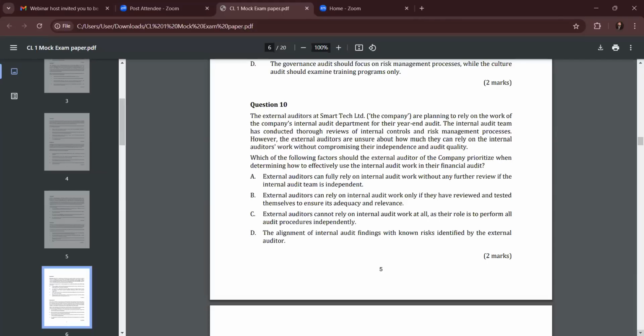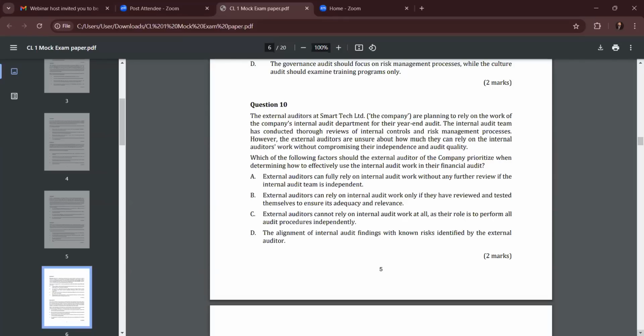No, can't. The external auditor should evaluate their competence, their experience, right? Whether they have tested or reviewed the other areas, or everything has to be evaluated. After doing that only, you can use the internal auditor's work for your purpose.